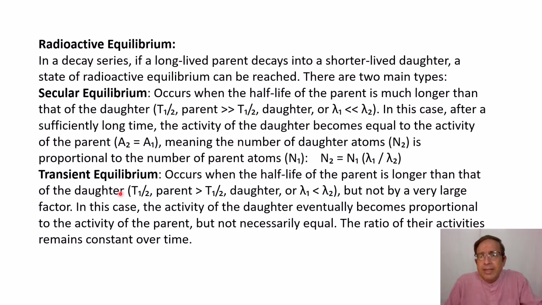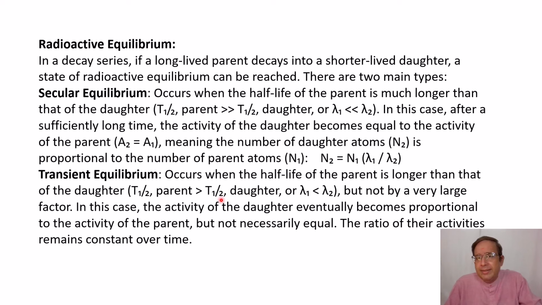But there is another type of equilibrium which is called the transient equilibrium, and that happens when the half-life of the parent is longer than that of the daughter, but not by a very large factor. That is, T1/2 of the parent is greater than T1/2 of the daughter, but not much greater, as in the case of secular equilibrium. Or λ1 is less than λ2, but not much less than λ2.